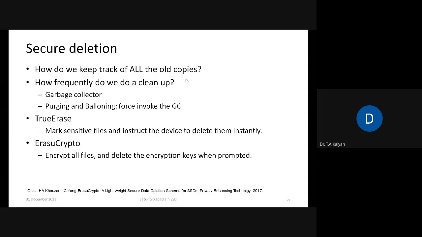The implication of that is, even if we are able to retrieve some old invalid pages, we will not be able to read them because the decryption key is not available. So effectively, it makes the reading of these invalid pages useless. That's how this smart proposal was brought up. So here are the techniques I was mentioning: purging, ballooning, TrueErase, and Erasure Crypto.